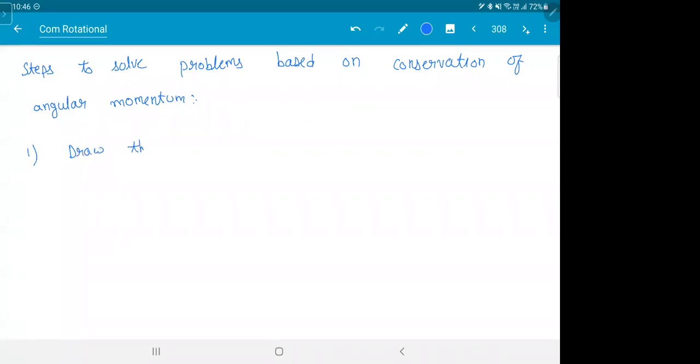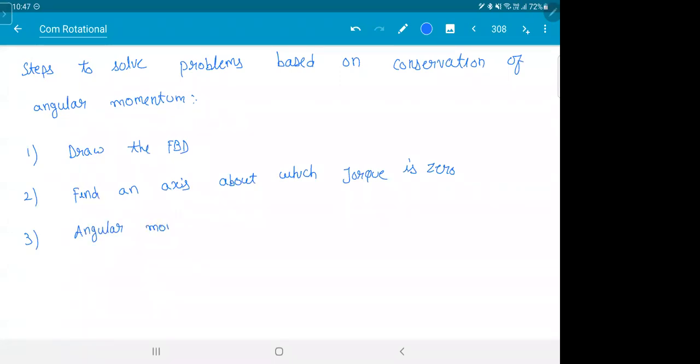Right? So first step, you know the standard. Draw the FBD. Second thing, find an axis about which torque is 0. Then if torque is 0 about that axis, then angular momentum about that axis is constant.